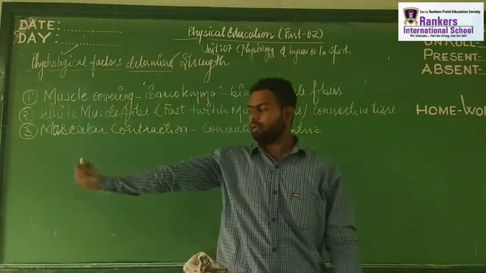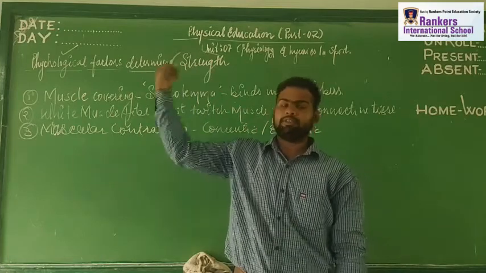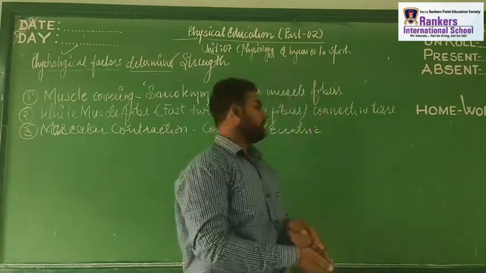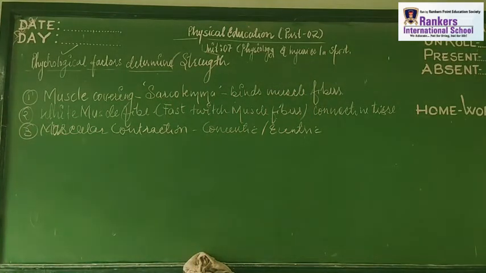When I am doing contraction, my muscles contract. This is eccentric, this is concentric. It is very important that the muscle contracts properly, so muscular contraction is very important to be known. Muscle length: every muscle is of a different size, and long muscles have more potential strength compared to small muscles. Nerve impulses: the intensity of neuromuscular response is also very important, right?